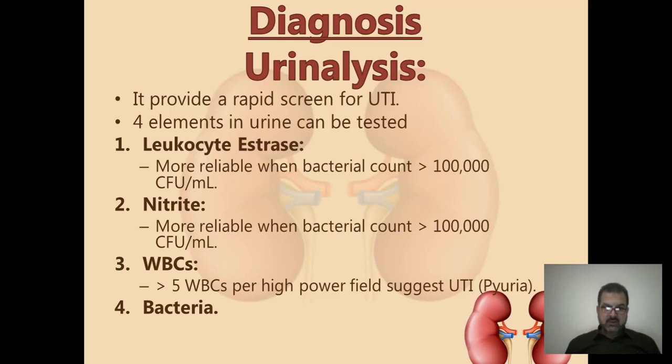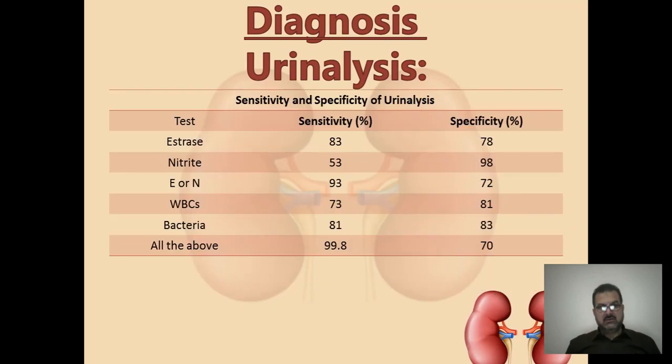White blood cells more than 5 in high power field, meaning pyuria, and a lot of times we can see bacteria under the microscope. Regarding sensitivity and specificity, as you can see here, esterase and nitrite together are stronger, then the white blood cells, then all of the above.